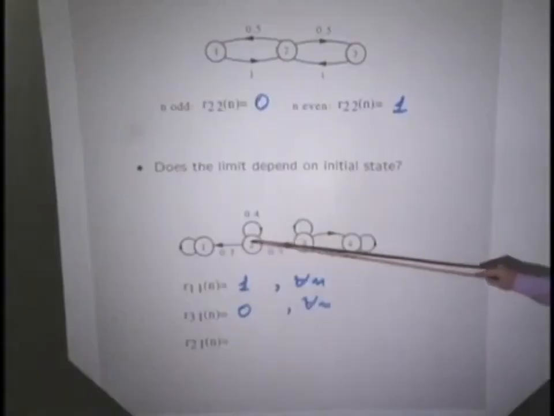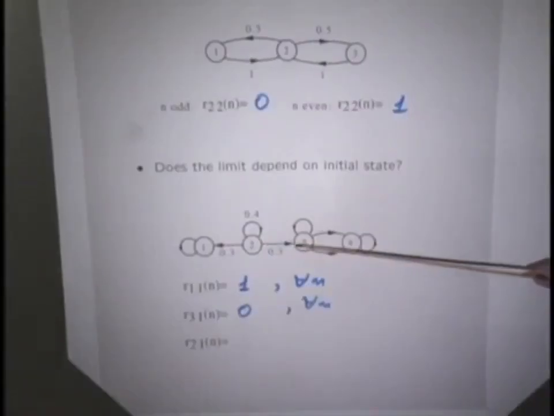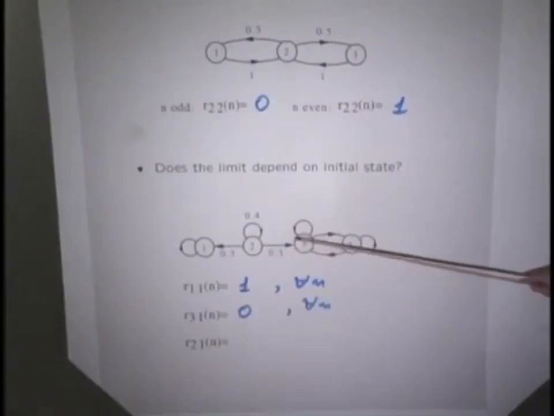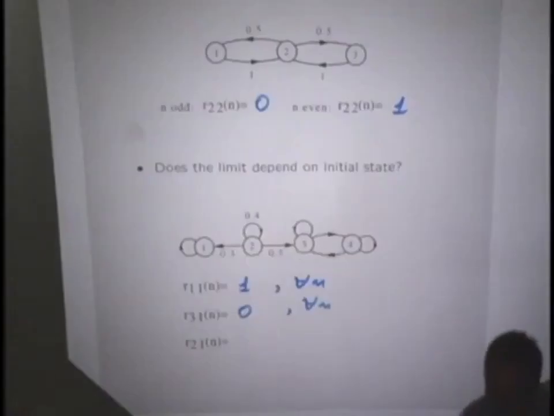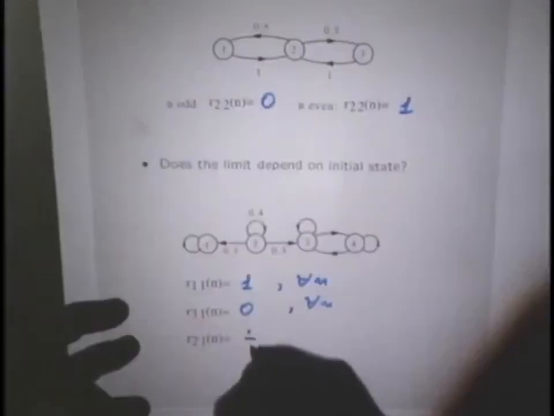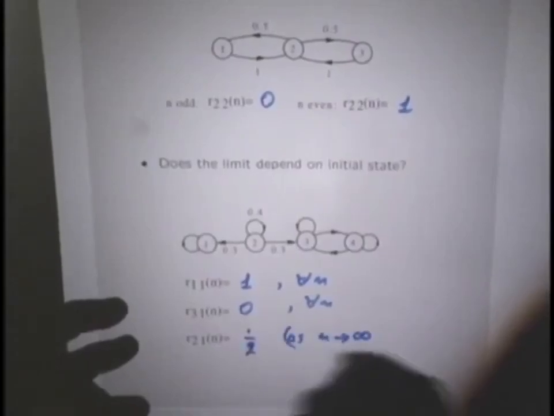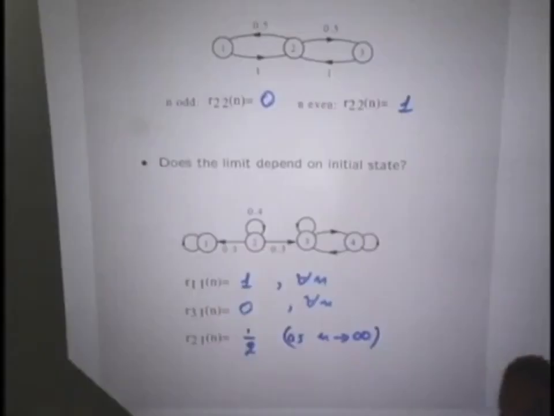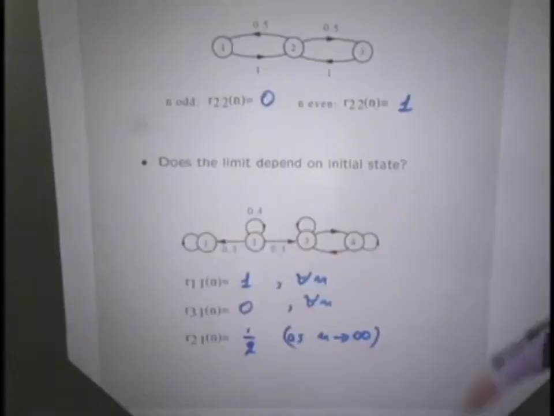Because of the symmetry, you are as likely to escape from state 2 in this direction or in that direction. So for large n, you're certain that the transition does happen. And given that the transition has happened, it has probability 1/2 that it has gone that particular way.